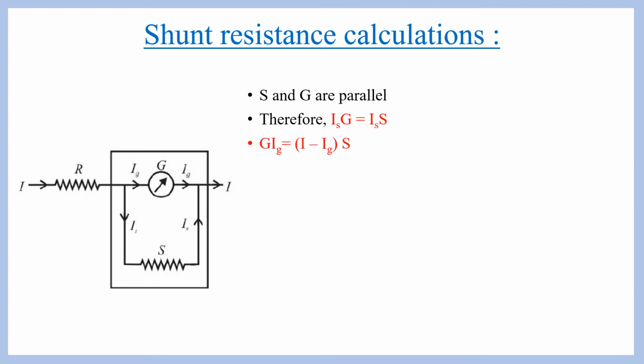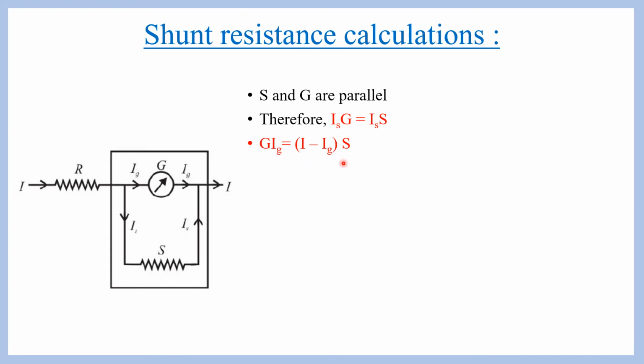Now according to Kirchhoff's first law, the current I that is coming is reaching the junction here, and it is branching out into Ig and Is, which means that I must be equal to Ig plus Is. So you can write Is as I minus Ig.